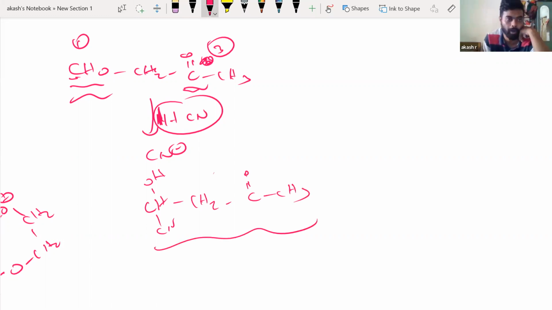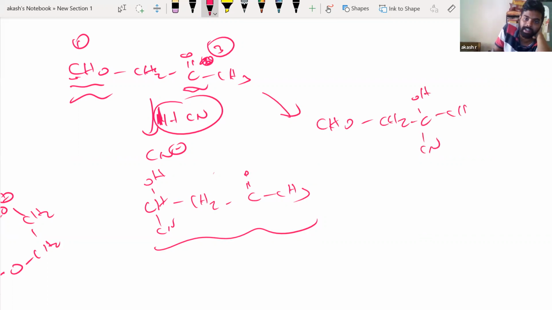Mechanism is very simple. CN minus attacks, O minus breaks, takes up the H plus to form the cyanohydrin, right? But I want the product to be like this, C, OH and CN like this. I want this product only.